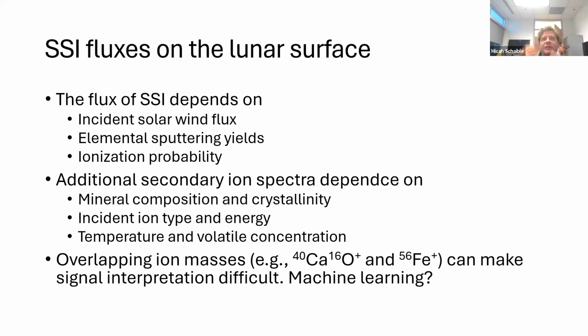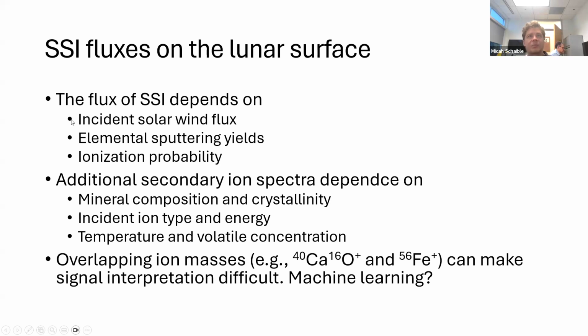So that's showing that we are able to use this technique to detect water from these covered regolith grains. But a few of the open questions that we have are: how do we determine what the flux of these sputtered secondary ions is on the lunar surface?